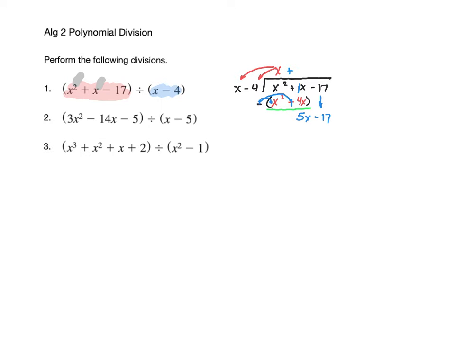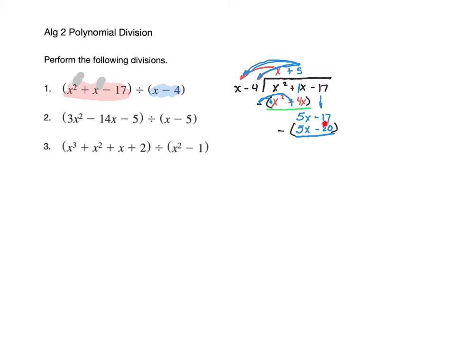So I put plus 5 up here, and then I distribute that. That will be 5 times x, which is 5x, perfect match, which is what I wanted, and 5 times negative 4, which is negative 20. Strike a line, draw parentheses to subtract that line. Now I've got 5x take away 5x, so my x's are gone.